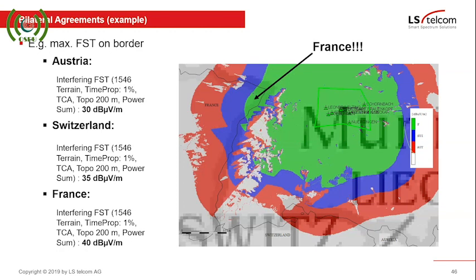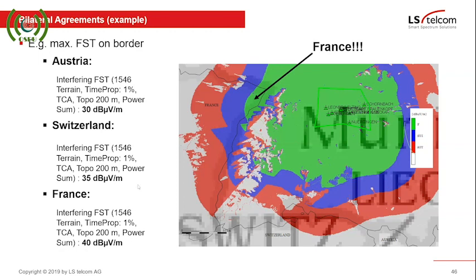So in most cases, you're not allowed to increase the usable field strength by more than 0.2 dB. If you increase it, you need to take steps to bring it down. That will normally have to be done in your antenna pattern or your ERP with your neighboring country. But that is the standard ITU rule that will apply.